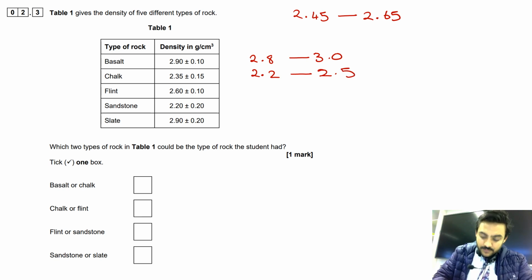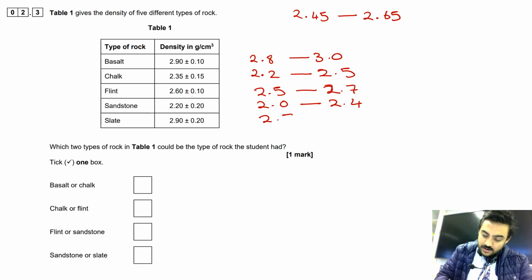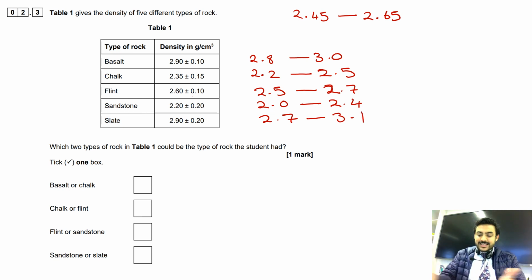And flint is going to be 2.6 minus 0.1, which is 2.5, up to 2.7. Sandstone is going to be 2.0 up to 2.4, and slate is going to be 2.7 up to 3.1. Okay, so these are the ranges that our rocks lie in.